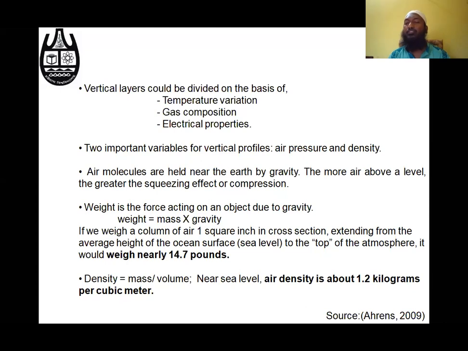If you're at mean sea level, then the weight should be 14.7 pounds. That means it is the weight of a 1 inch cross section area of the air. So think about yourself, how many square inches you have on the top surface of your body. That much multiplied by 14.7 pounds is acting on you.